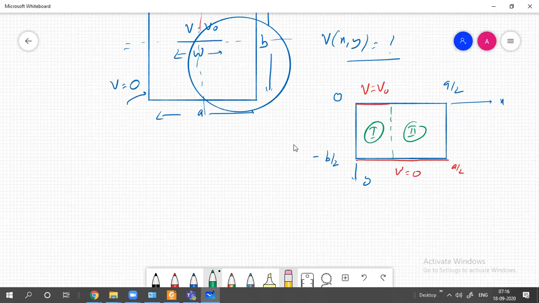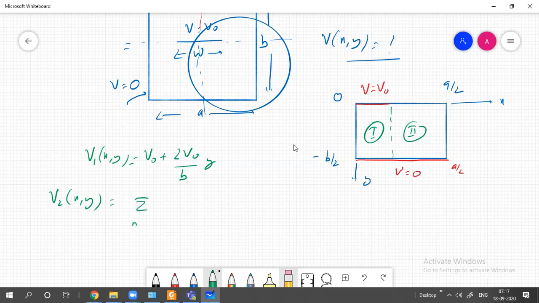What was our V1 of x, y for region 1? It was V naught plus 2 V naught over b times y. And V2 of x, y was the summation over n equals 1, 3, 5, that is odd terms, of an sine of n pi y by b times sine hyperbolic of n pi over b times (a by 2 minus x).